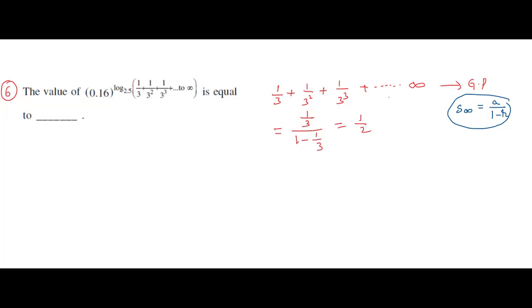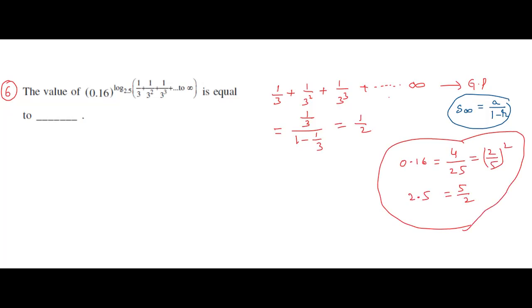And here 0.16 is given. We can write this as 4 by 25. 2.5 is given, that is 5 by 2. And 4 by 25 we can write as 2 by 5 whole square. Now use this.